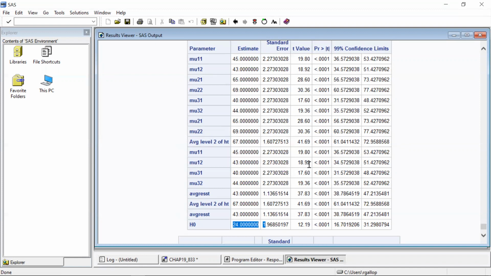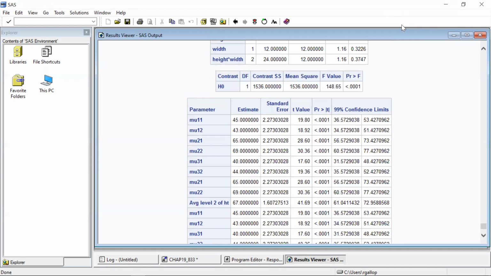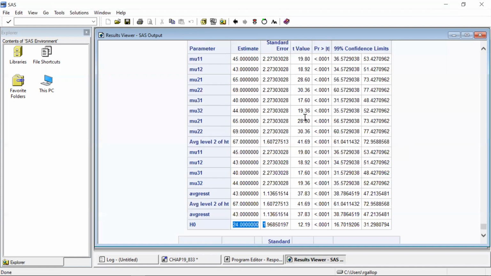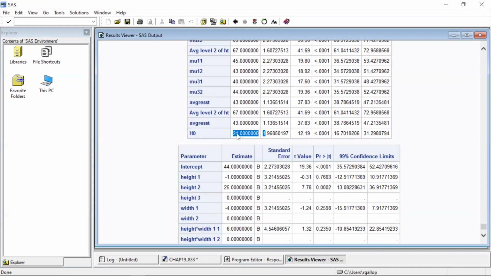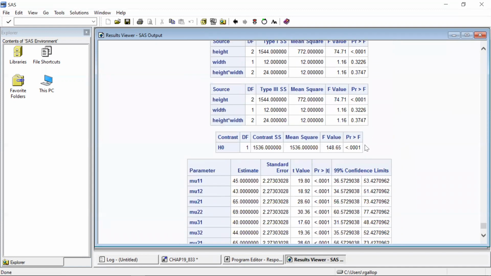And then this term squared is our respective F that we see is 148.65. The estimate in this case works better because it gives us the direction of the effect, not just the significance.